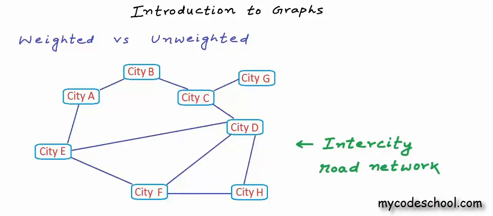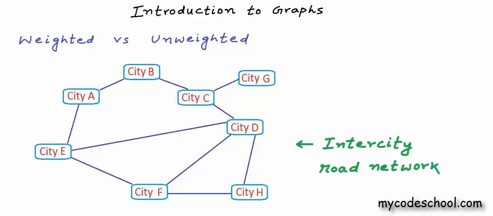I'm assuming that all highways would be bidirectional. Intracity road network, that is road network within a city, would definitely have one-way roads, and so intracity road network must be represented as a directed graph, but intercity road network in my opinion can be represented as an undirected graph. Now clearly we cannot treat all connections as equal here.